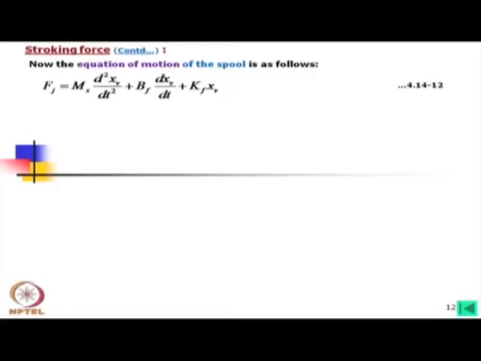We are not considering the spool mechanical part here so far, but it can be combined together. So, this is the damping part, this is the mass acceleration part, and this is the spring force.